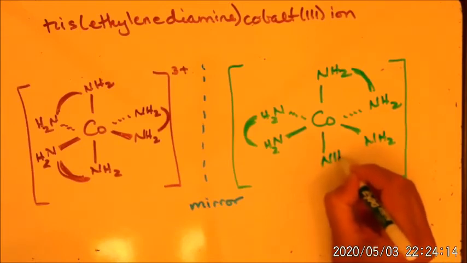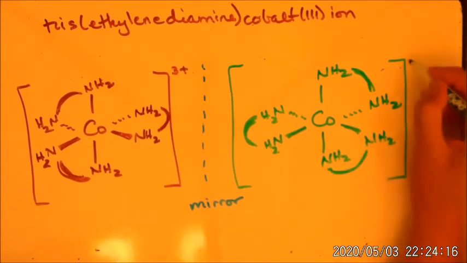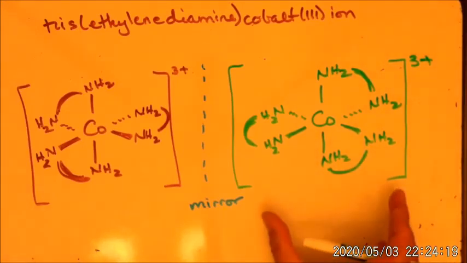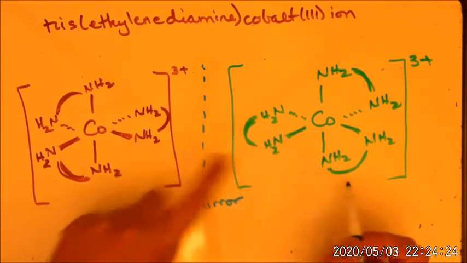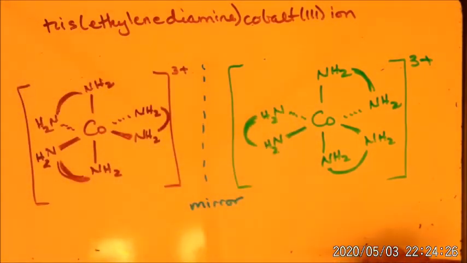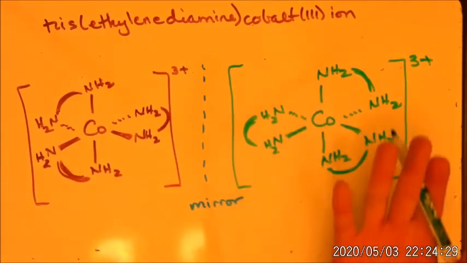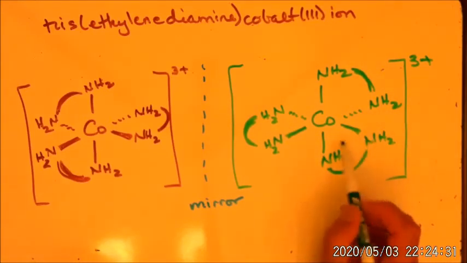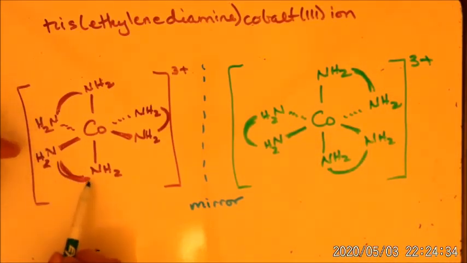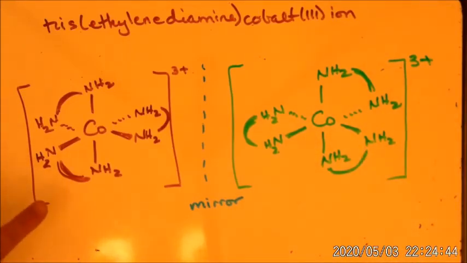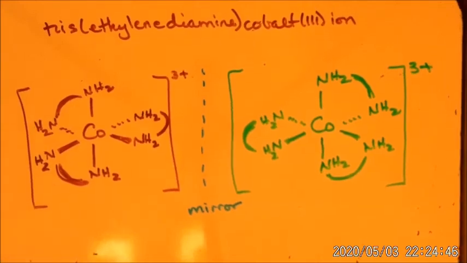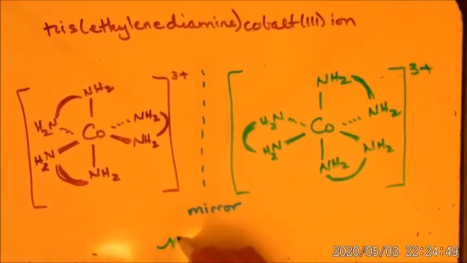Now, if you try to superimpose it, if I take this and try to fit it on here, if I match these two, then these would be in the wrong orientation. If I just try to rotate it this way, this would be in the back going down here, not in the front. If you take some noodles and try to make these, you'll find that they are not superimposable.